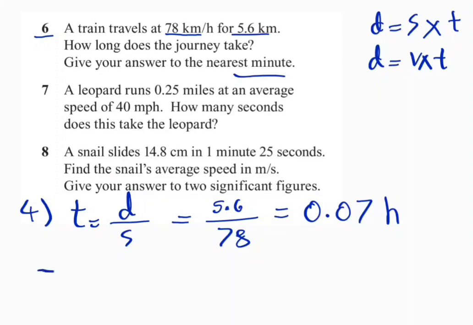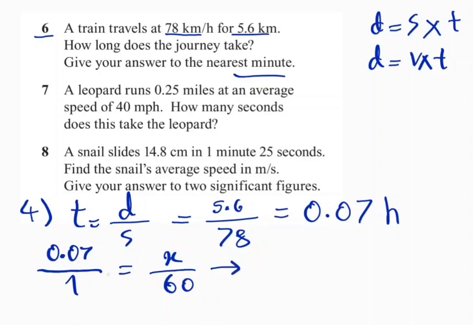For example, we can write down 0.07 over 1, so on the left hand side we have hours and on the right hand side we have minutes, because we know that 1 hour is 60 minutes. Now we want to see 0.07 hours in minutes. So how many minutes is 0.07 hours?